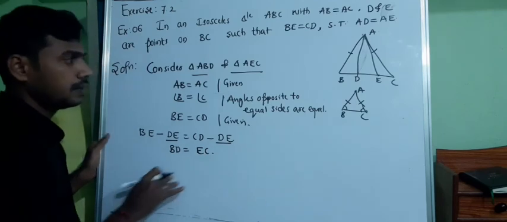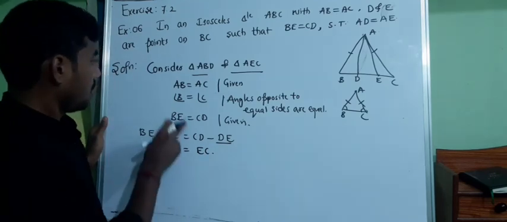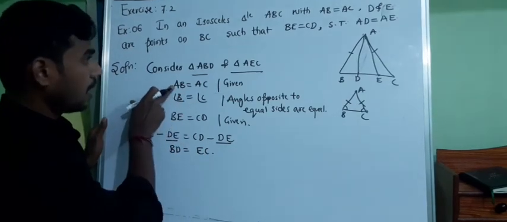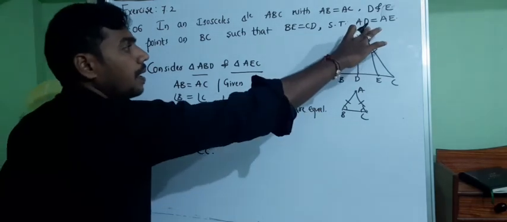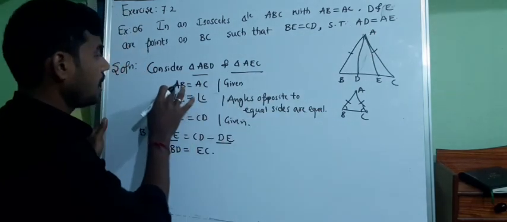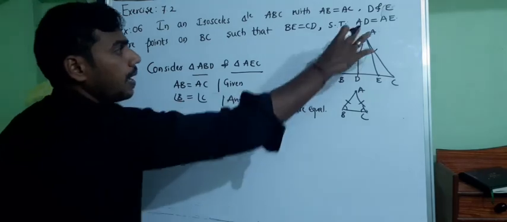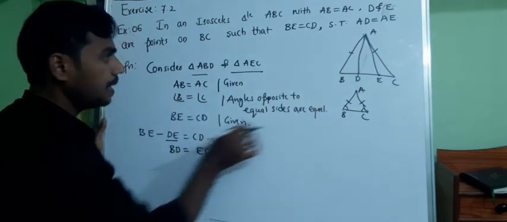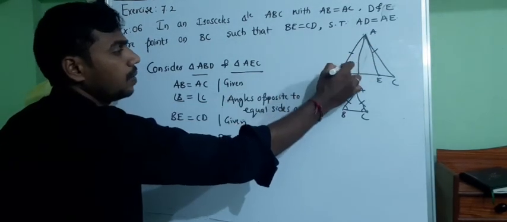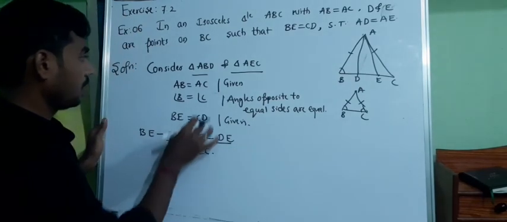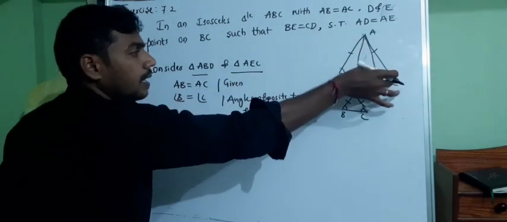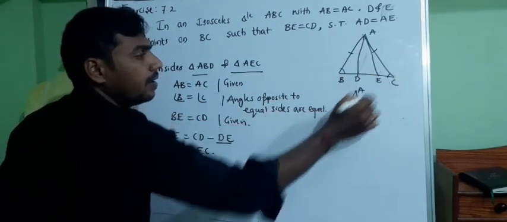Now look at this. AB, angle B and BD: AB, BD and included angle; AC, EC and included angle are equal.